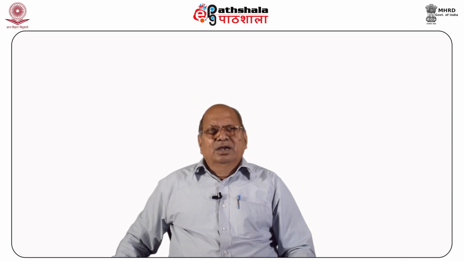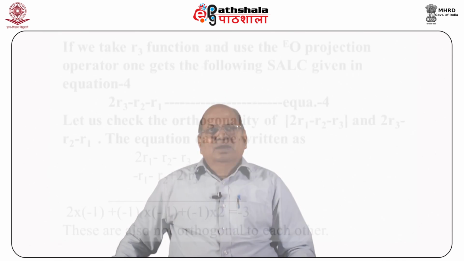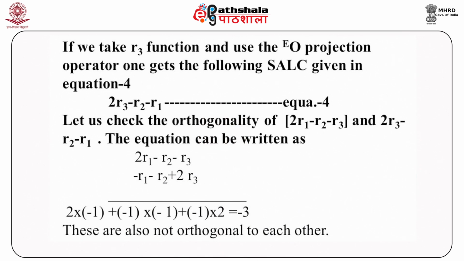If we take the R3 function and use the E projection operator, we get the following SALC as given in equation 4, that is 2R3 minus R2 minus R1. Let us check the orthogonality of 2R1 minus R2 minus R3 and 2R3 minus R2 minus R1.